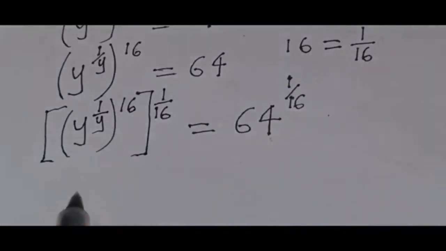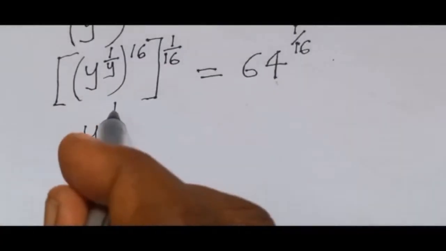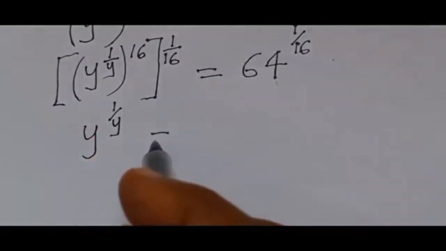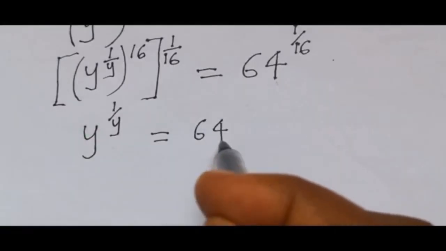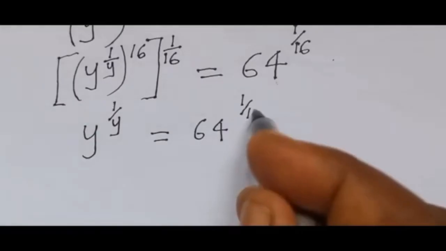So here we have y raised to exponent 1 over y equals 64 raised to exponent 1 over 16.